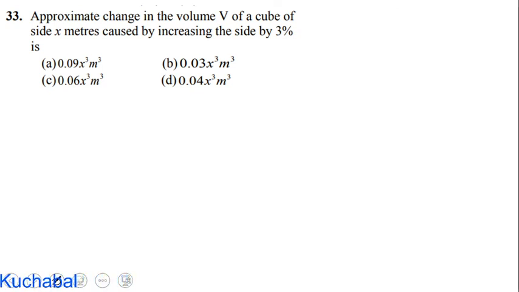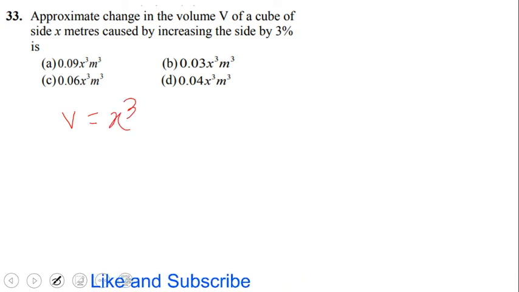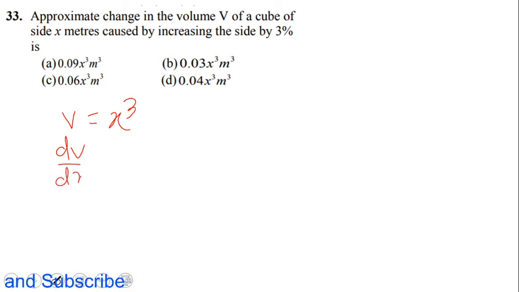The question is the approximate change in the volume V of a cube of side x meters caused by increasing the side by 3% is. So the volume of a cube is V equal to x cube. We will differentiate this one. So dV upon dx we are going to get as 3x square.